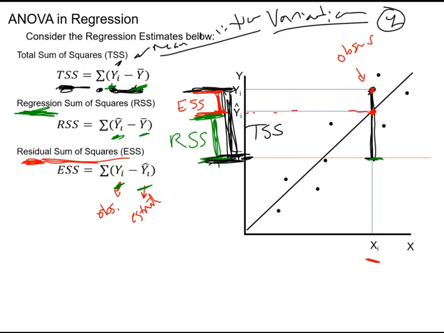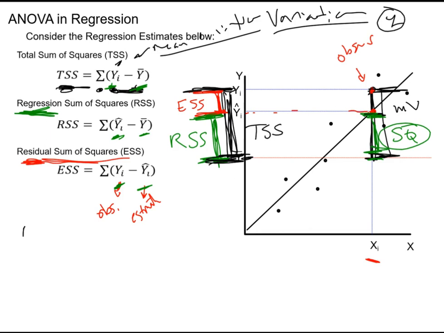Seen differently, the total sum of squares is the total amount of variation in market value, how much spread there is in market value, and what the R squared captures is what percent of that variation is being captured by our model. And in our case, our model was a model of square feet. 53% of the overall variation in the market value of a house is captured by looking just at the variation in square feet.